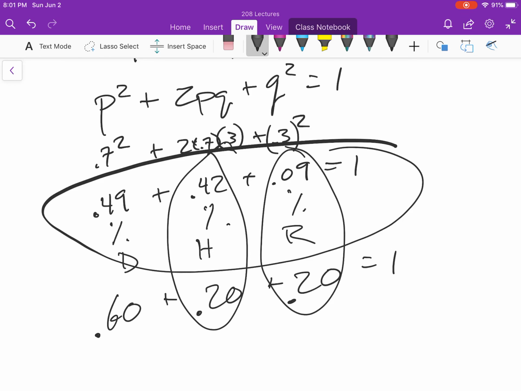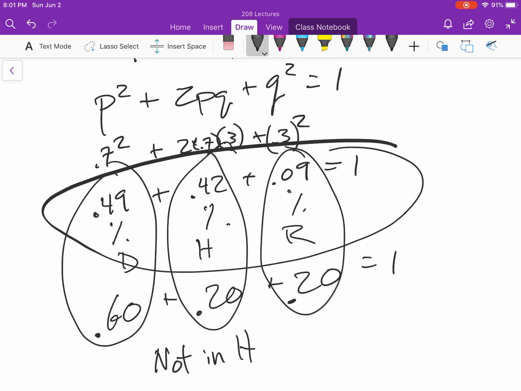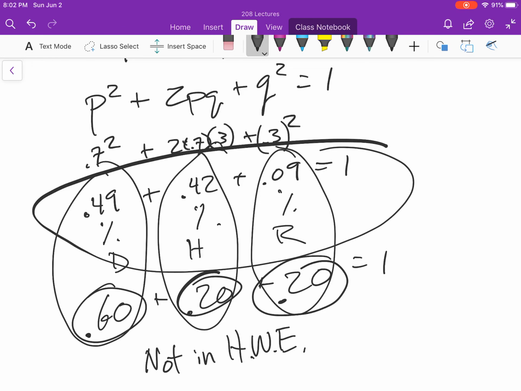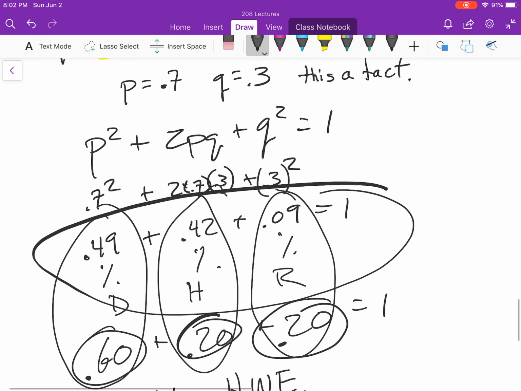There are some statistical tests we can do, but we don't need to do them in this class. We look at that and we say, not in Hardy-Weinberg equilibrium. So something is causing there to be more R's and fewer heterozygotes, and in fact more of these homozygous D's over here. So that is the way you solve a problem like that.